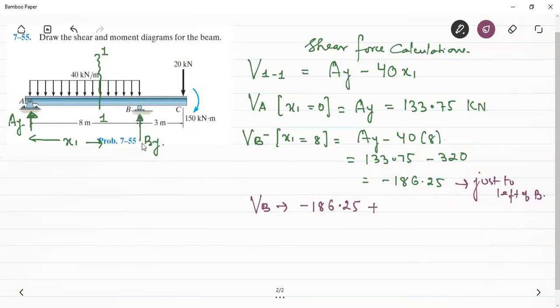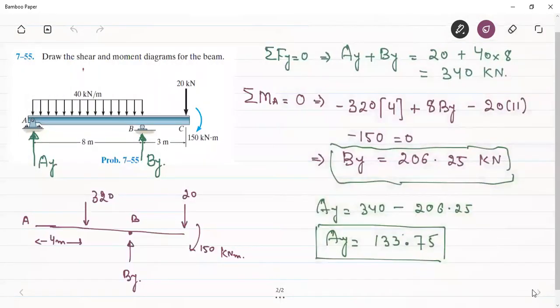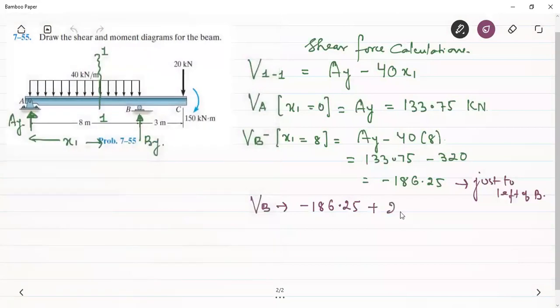At the point B, there will be a sudden change in the shear force due to this point load, that is, due to this reaction. So the shear force at B will be equal to minus 186.25 plus this reaction, which is 206.25. So this will be equal to 20 kilonewton.